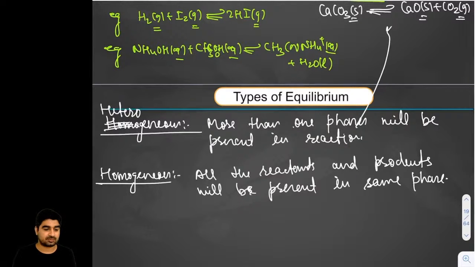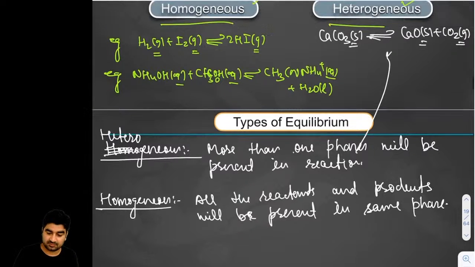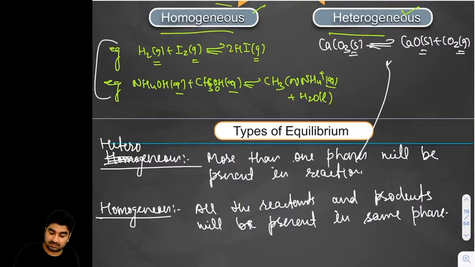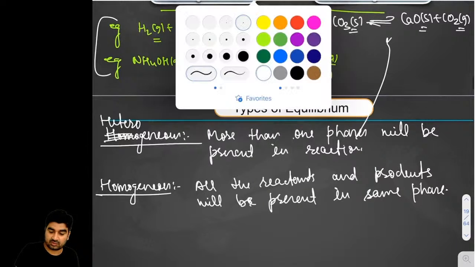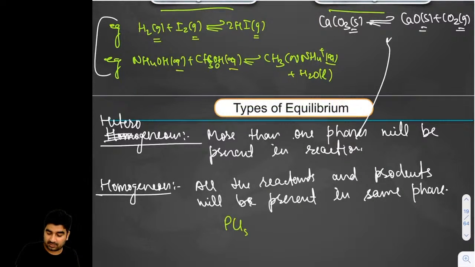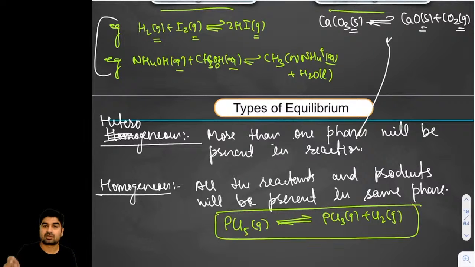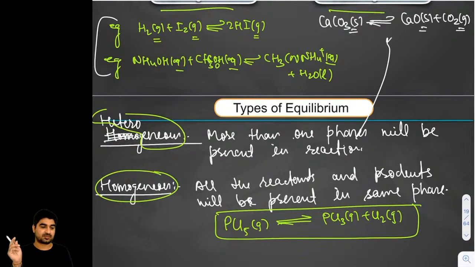And just note down these examples. I can give you one more. If I'm taking PCl5 gas, it is converted into PCl3 gas and Cl2. So this is also a case of homogeneous.